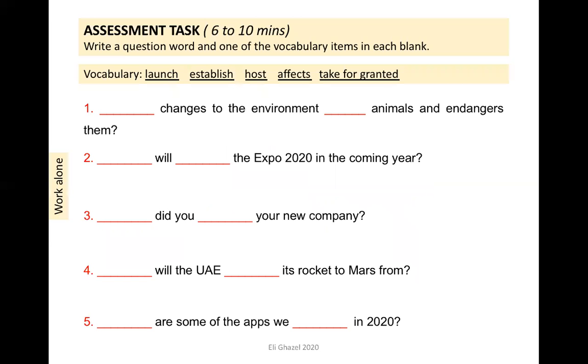Now, the last part, remember, the assessment task, is designed in such a way so that you can reuse it in an exam. All you need to do is change the text. So let's read. Write a question word and one of the vocabulary items in each blank. So if you want to do this in a test, what do you change?